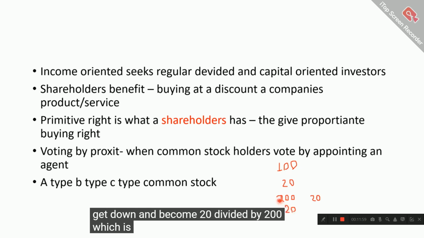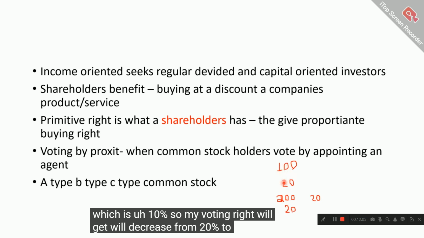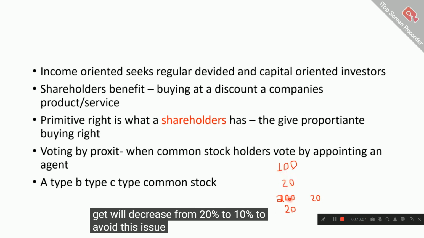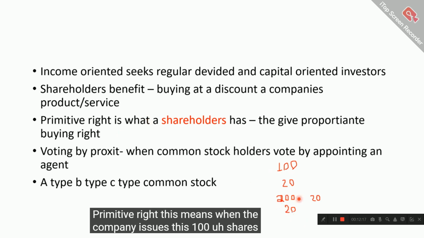To avoid this issue, the company will give its primary equity shareholders a preemptive right. This means when the company issues these 100 shares, the first thing it has to do is to offer these shares to its existing shareholders, depending on their proportion.